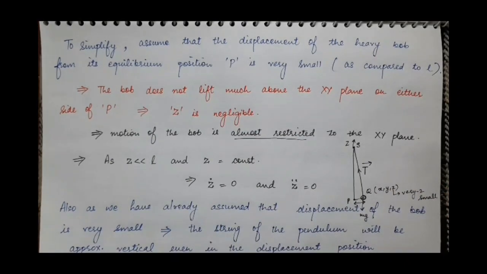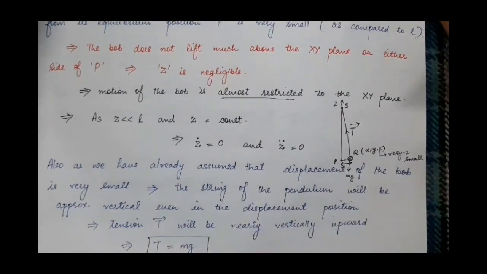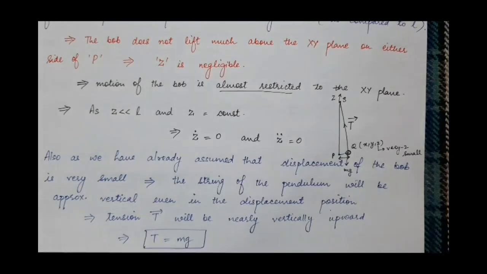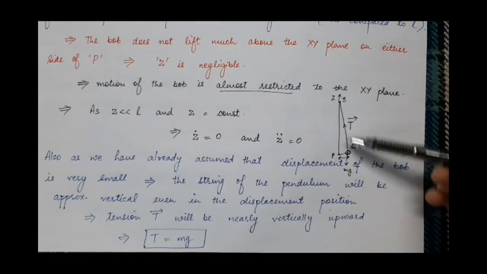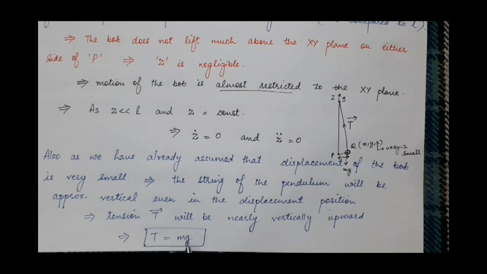So the second assumption, which we have already assumed, is that the displacement of the bob is very small, which means that the string of the pendulum will be approximately vertical even in the displaced position. And this implies that the direction of tension T will be nearly vertically upward. Then this T will be exactly equal to the weight of the bob. So T will be equal to mg.